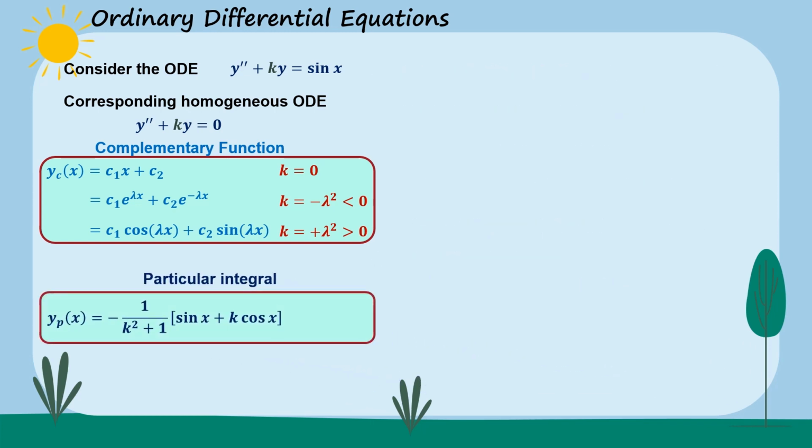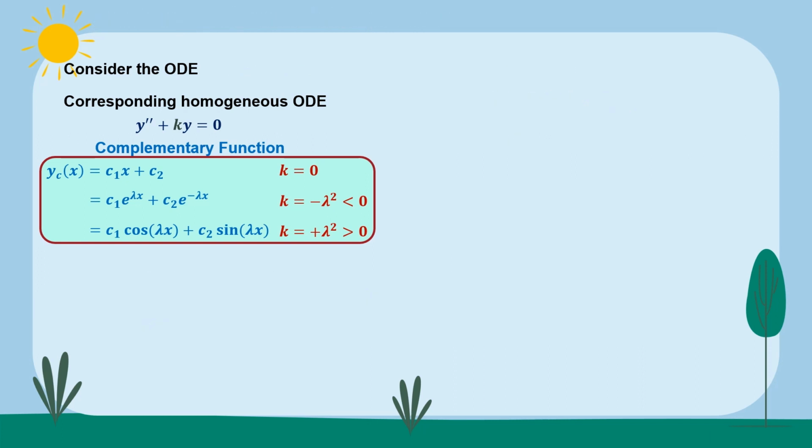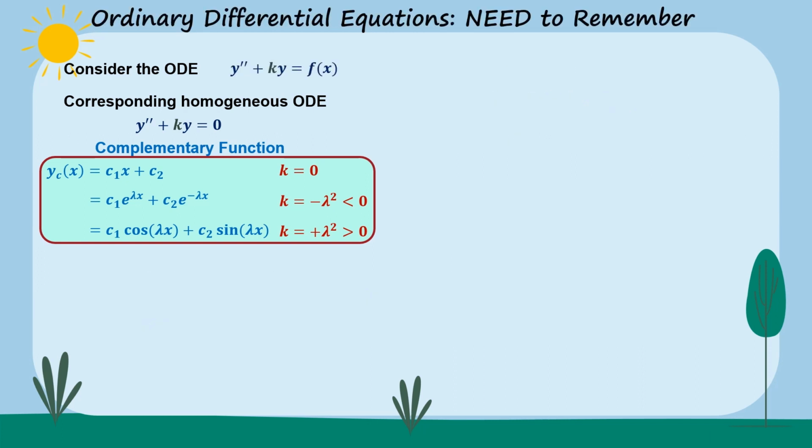So let's go ahead and write down the general solution, which we have discussed many times. Here the general solution has two unknown constants, and hence we need two boundary conditions for it. That's it. This is the solution of this equation. Here we change the right hand side to f(x) instead of sin x.